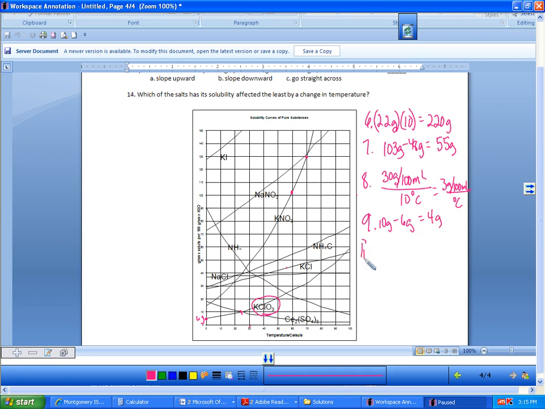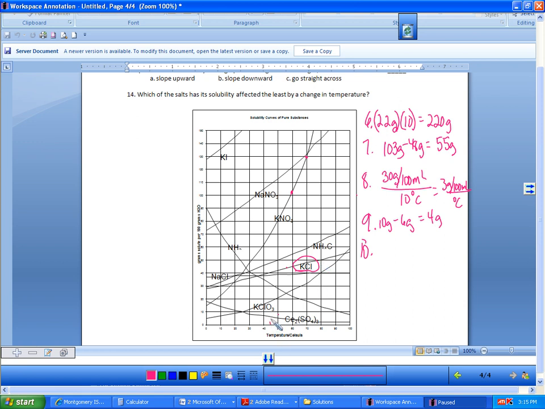Okay, number 10 says 30 grams of KCl are dissolved in 100 milliliters of water at 45 degrees Celsius. So let's find out where that is on our little chart here. Didn't mean to scribble like that. Sorry about that. So we were looking at KCl. KCl is this little one right here. And it says 30 grams of KCl are dissolved in 100 milliliters of water at 45 degrees Celsius.